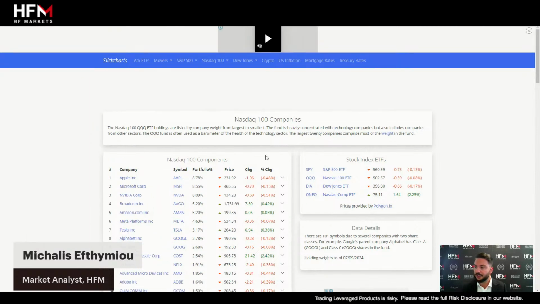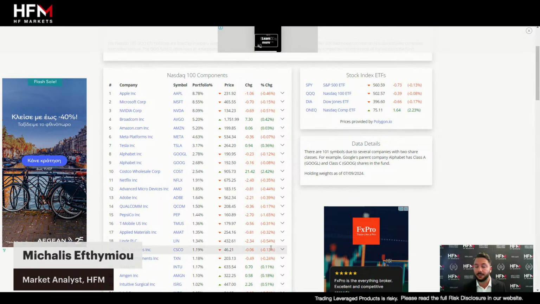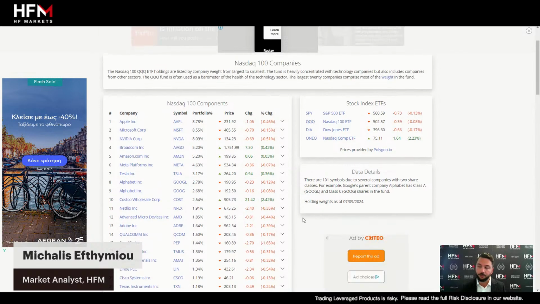So, ladies and gentlemen, here you are able to determine which stocks are the most influential, and to see the performance of the stocks so far. You'll notice that most of the stocks are red, so they're declining in the pre-trading hours. I say pre-trading hours because the US stock market has not yet opened.